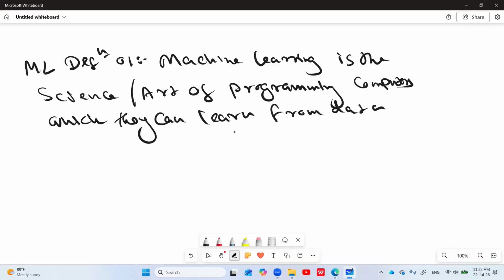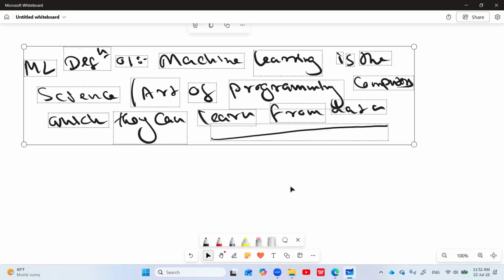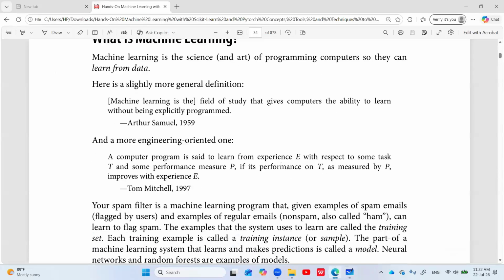That means this allows the machines to learn from data. That is the simple thing. That is the first definition, given by Arthur Samuel in 1959. Pretty old.